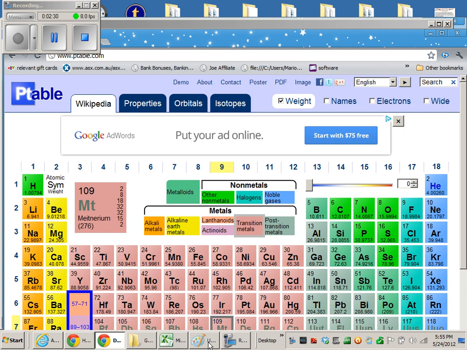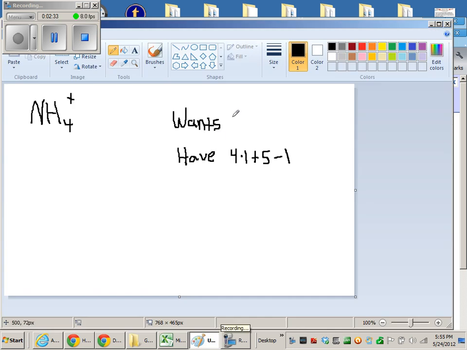So going back to our calculation, there are 4 hydrogens and they each want 2. And there's 1 nitrogen and it wants 8. So overall, through sharing, these all want to be surrounded by a total of 8 plus 8, that's 16 valence electrons, but they only have 4 times 1, that's 4, plus 5 is 9, minus 1 is 8. So in this Lewis structure, we're going to have bonding electrons that are the difference between these two numbers.